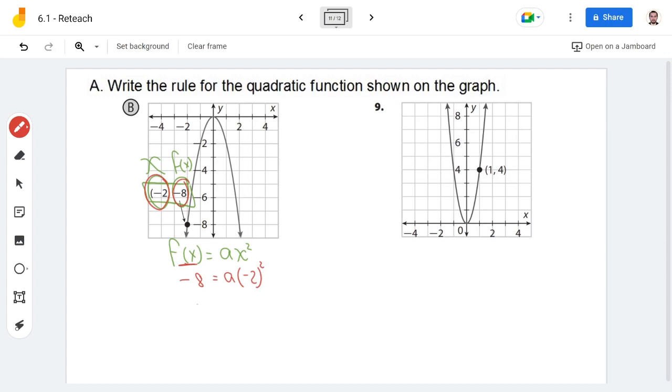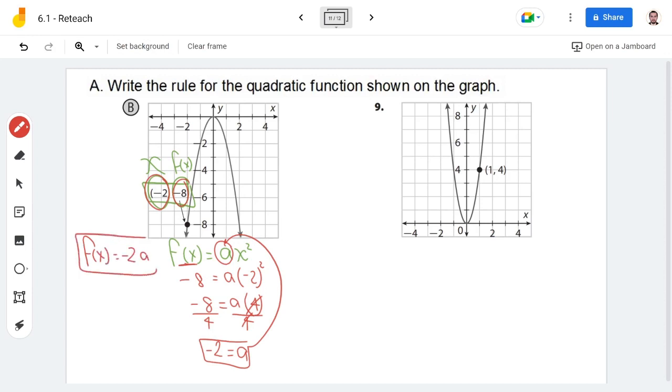Now simplify: negative 8 equals a times 4, then divide by 4, then a is equal to negative 8 divided by 4, which is negative 2. So now this is a. Now replace it in the function: f of x equal negative 2x squared.